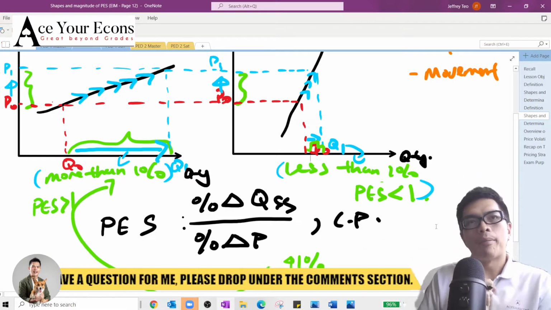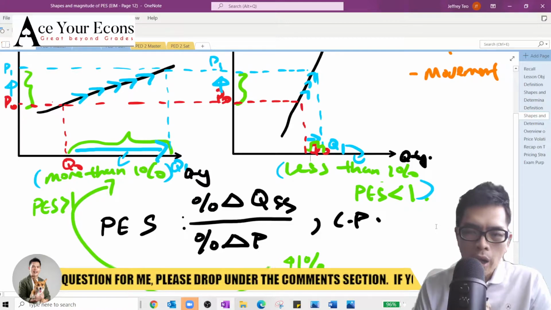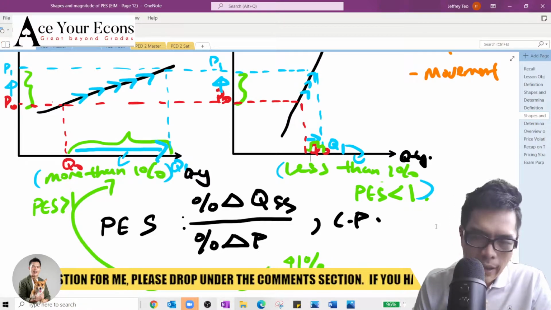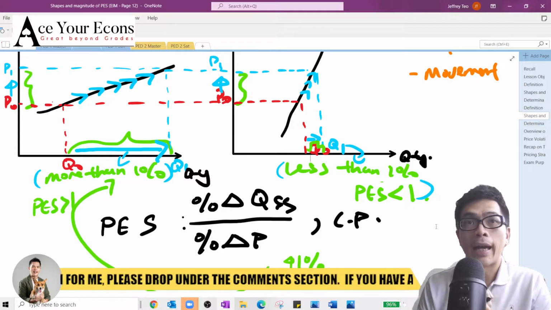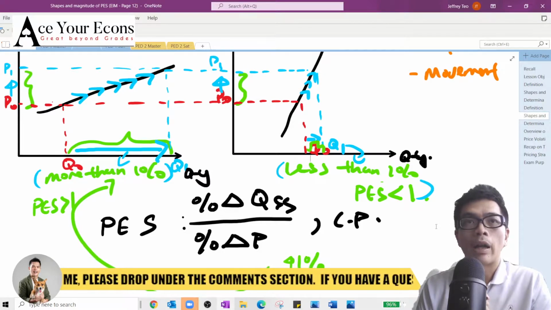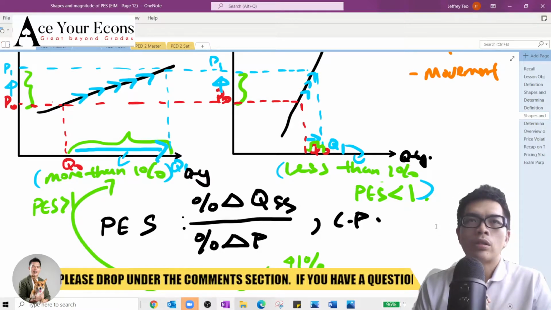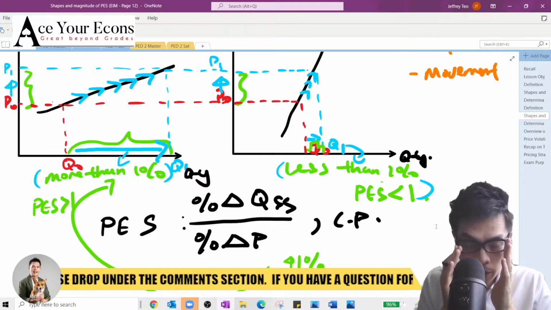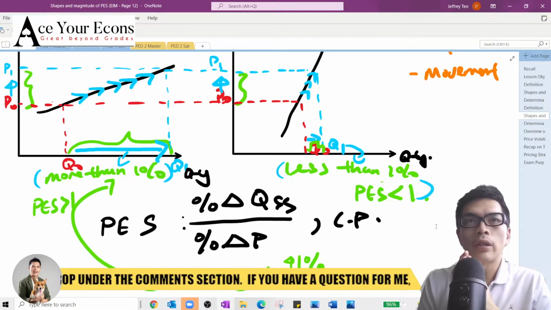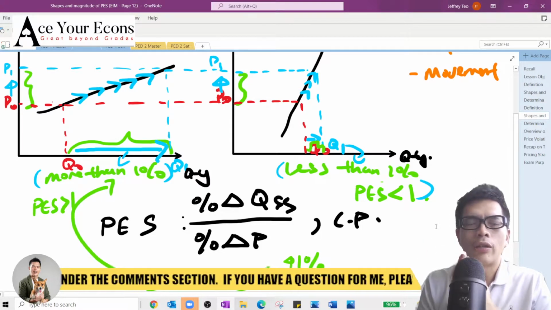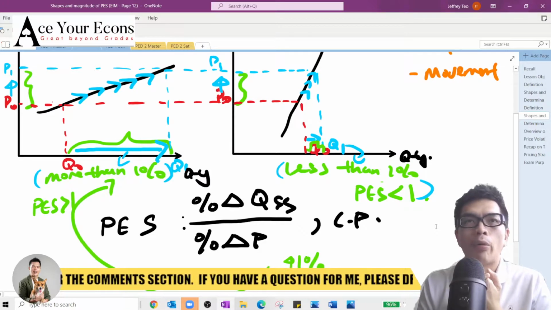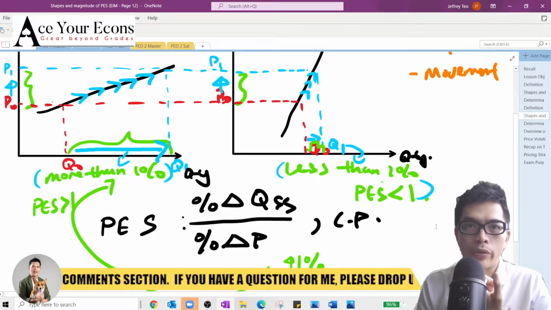When I'm recapping this, a lot of students will always get PED and PES mixed up, especially the determinants. A very simple way to distinguish the two is to look at the economic agent involved. PED is always consumers, households.